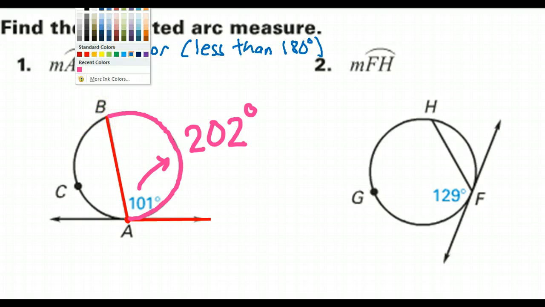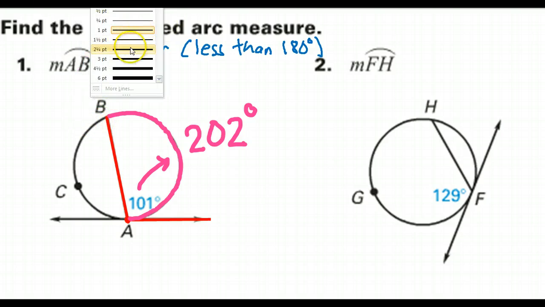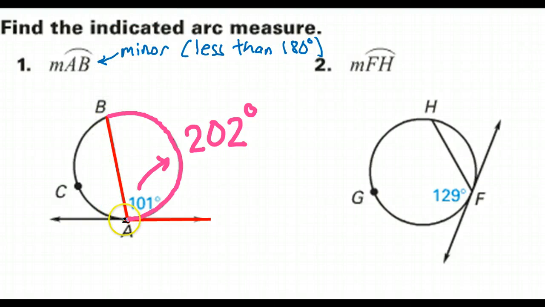So it really has to be the one that's over in this area, like so. Okay, it's really the blue arc that we're being asked to find. So this is arc AB. Okay, so if I want to find that, I need to subtract from 360.